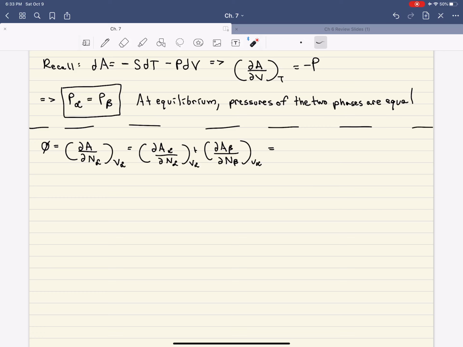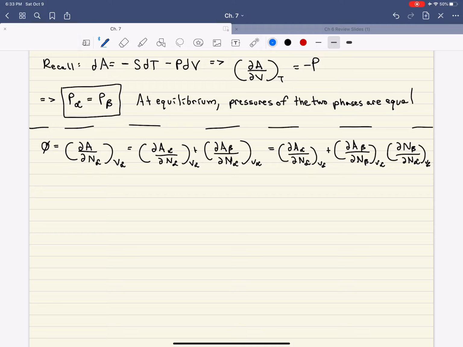Once again, for the Helmholtz beta, we want to write it not in terms of N alpha, but in terms of N beta. So we'll do that expansion rule again. All right, and once again, we have the partial derivative of N beta over N alpha.